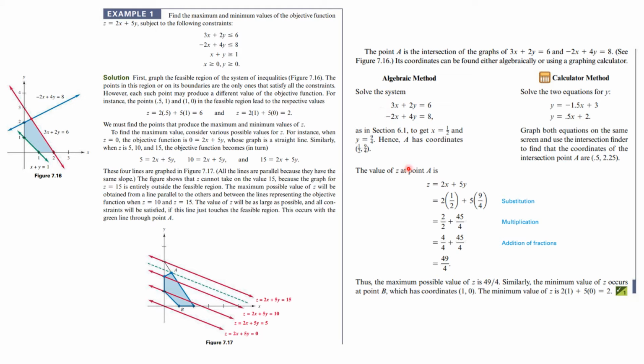That's what we studied previously, and I get 1/2 comma 9/4. The other thing I can do is I can find the intersection of the others as well, and I can find this point, this point, this point, and this point. So I find 1, 2, 3, 4, 5 points of intersection. So those are values of the corner points.